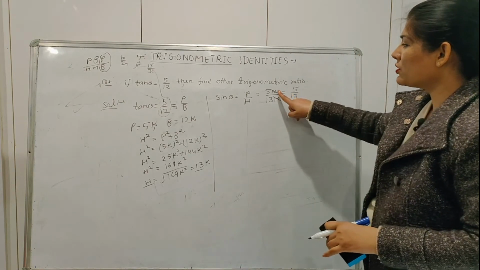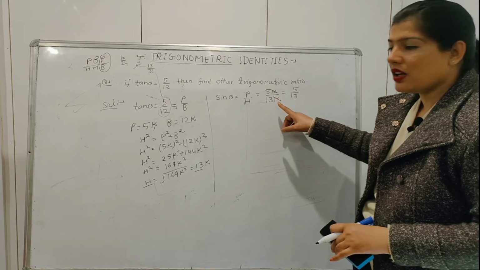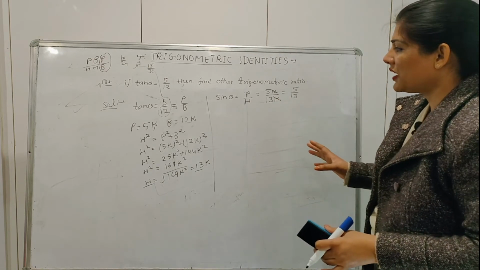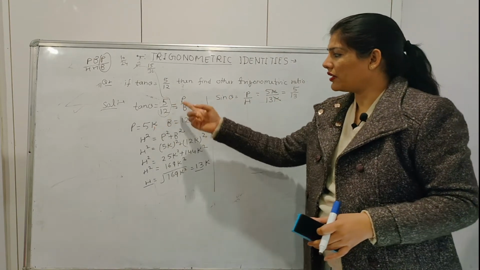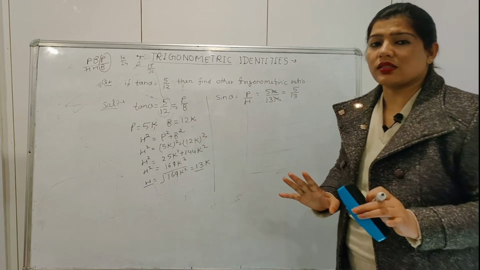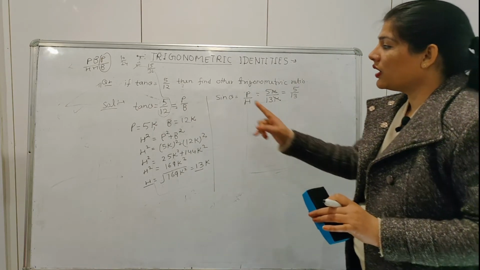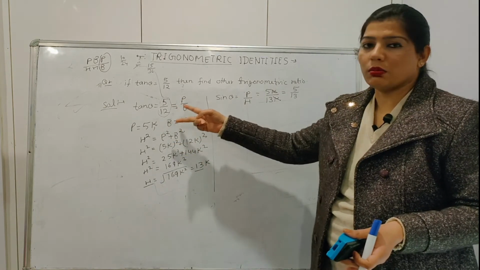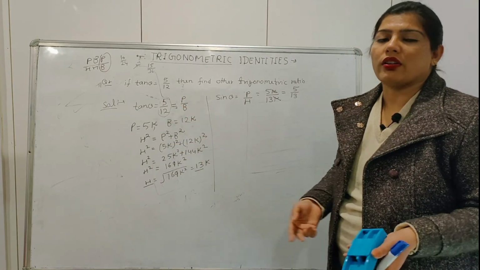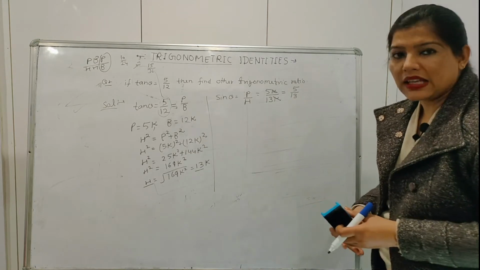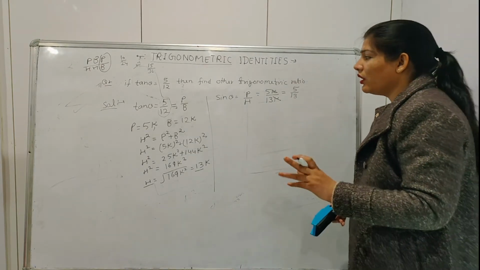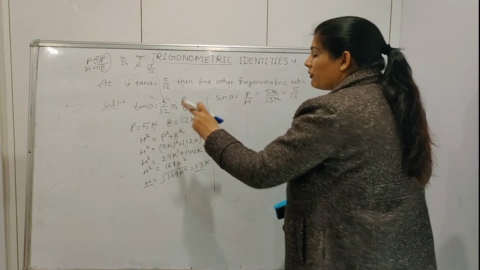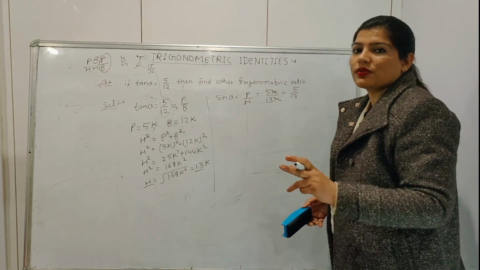And just because this k is cancelled by k, lots of students take p equals to 5 and b equals to 12. That is wrong. You have to always take some multiple of that given number. Maybe it is k or a or generally x, that depends on you. But the ratio will always be given in the simplest form.